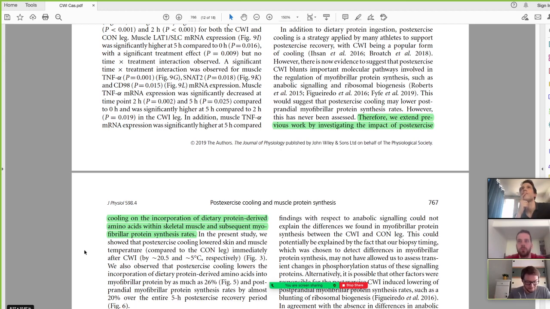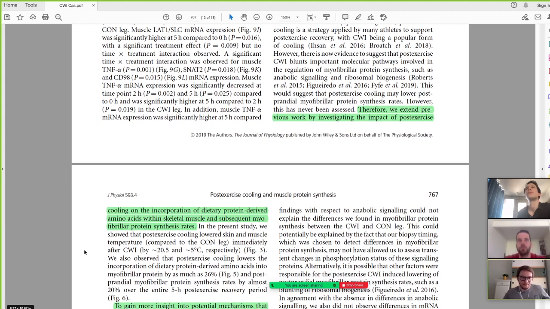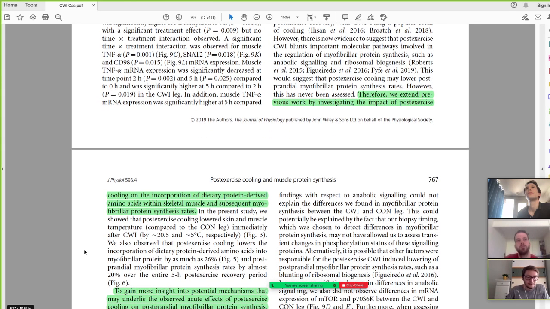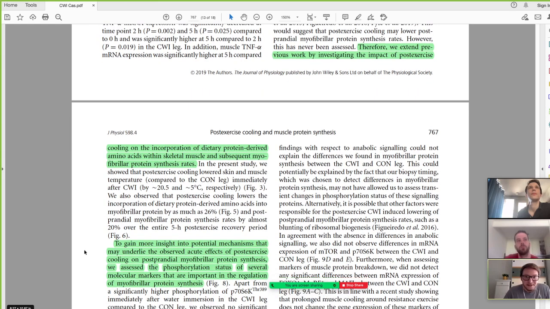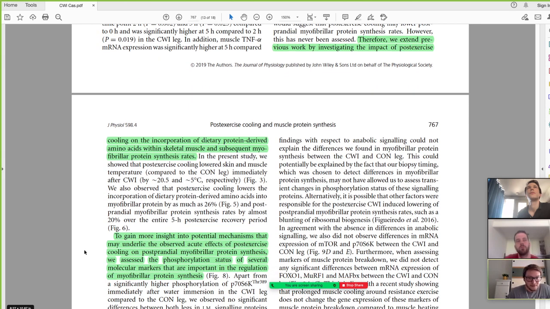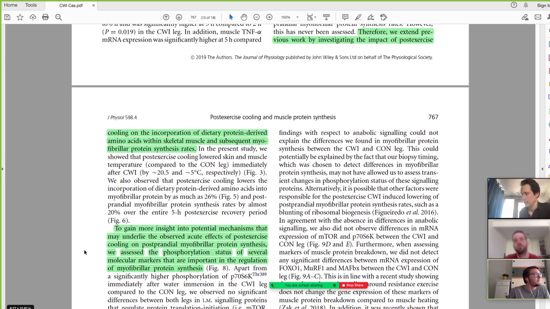So Cas was basically the first one that actually investigated muscle protein synthesis, and in this case, he did it in several ways. He had the intrinsically labeled protein, and also the muscle protein synthesis over 5 hours.